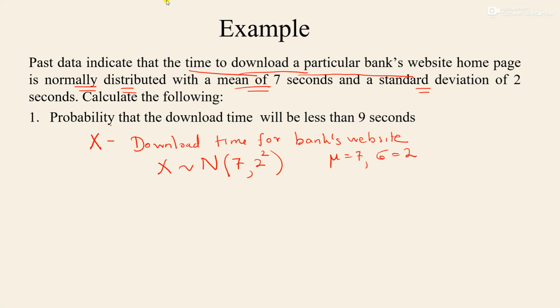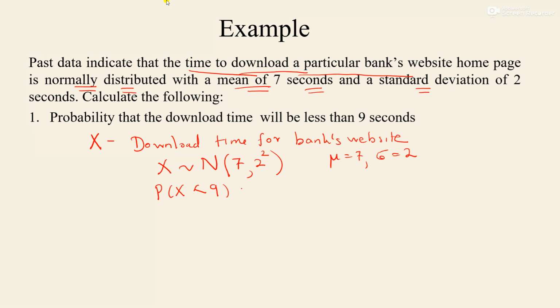First, we have to calculate the probability that the download time will be less than 9. Probability of X less than 9 seconds. All the units are the same, seconds, and the deviation is also in seconds.